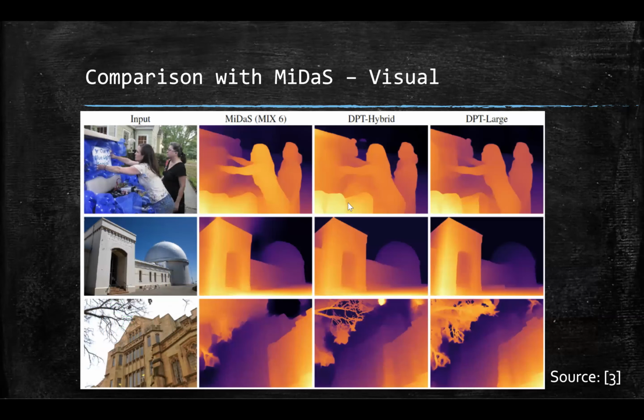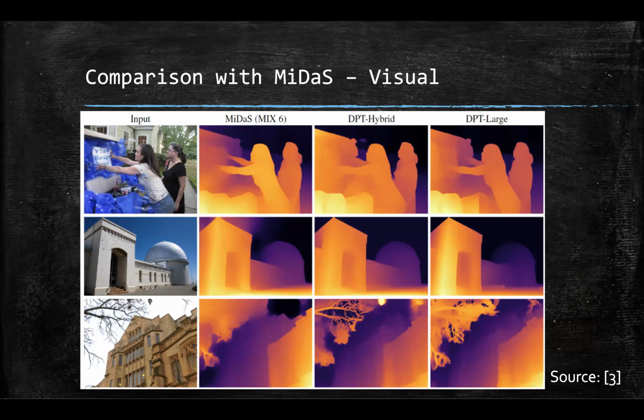Okay, just to see some visual comparison here. Here is Midas 6, but in parentheses you see Mix 6. Since Midas was trained on Mix5, they wanted to train Midas on this extensive dataset to have a better and fair comparison of models.